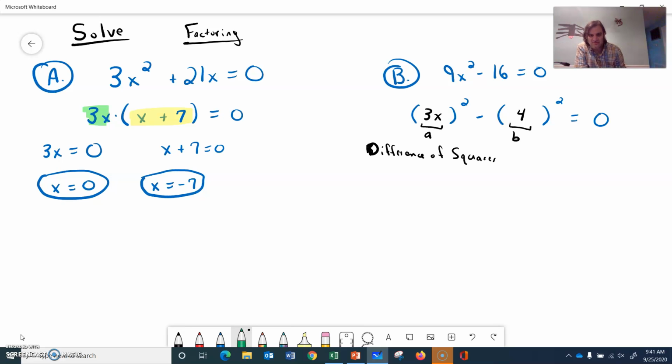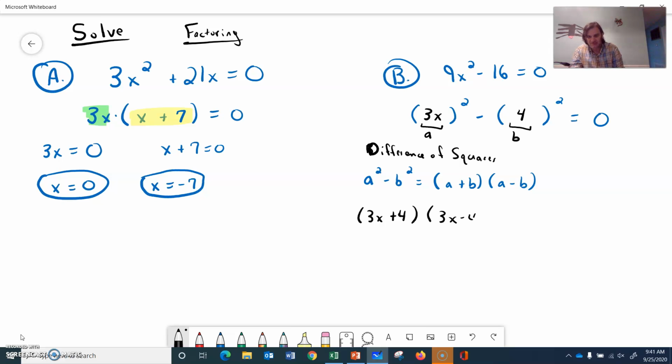And to remind you what that formula was, it was a squared minus b squared equals a plus b times a minus b. So that's just going to help us factor the left-hand side. So down here the two factors will be 3x plus 4 if I follow the template I gave, and 3x minus 4. And as far as the equation goes, that'll be equal to 0.